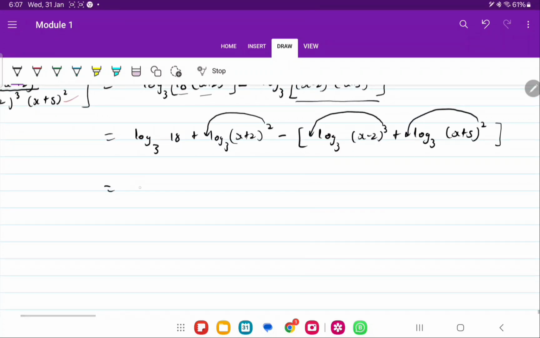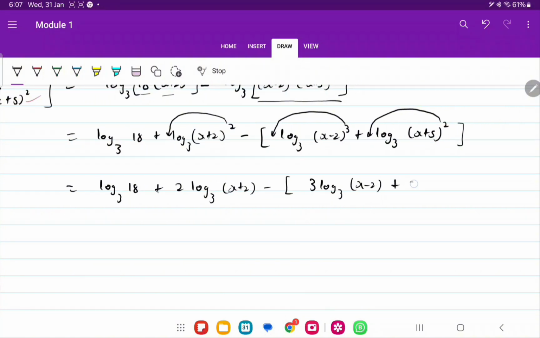All right, so that's going to be equal to log base 3 of 18 plus 2 times log base 3 of x plus 2 minus into 3 times log base 3 of x minus 2 plus 2 times log base 3 of x plus 5. I can distribute this minus.